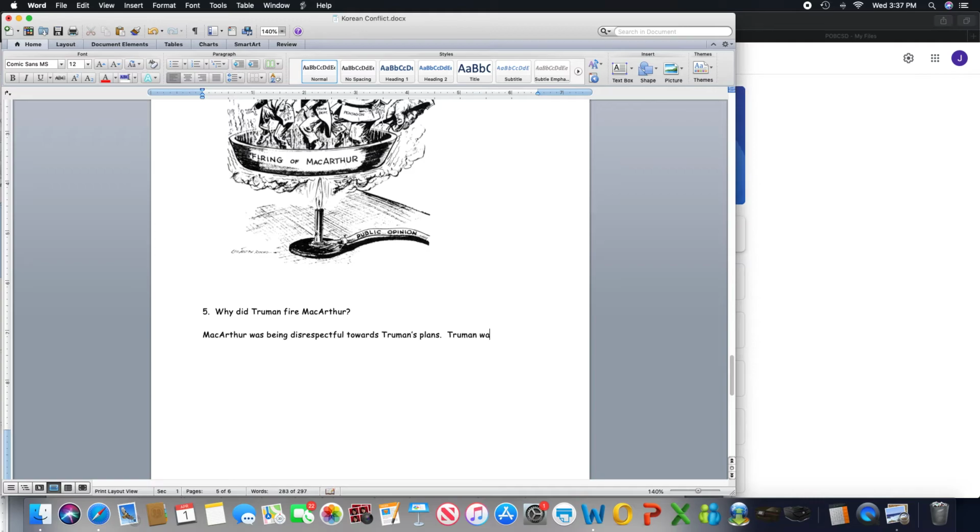Truman wanted to keep the conflict limited, because it could possibly start a third world war. MacArthur wanted to win by attacking China, even using nuclear weapons if necessary.